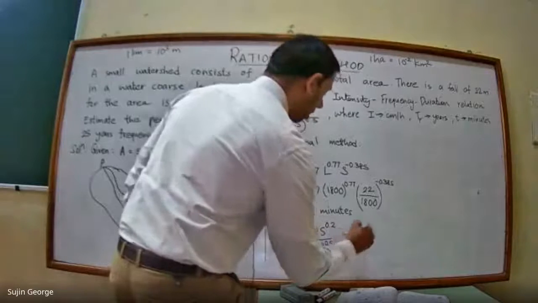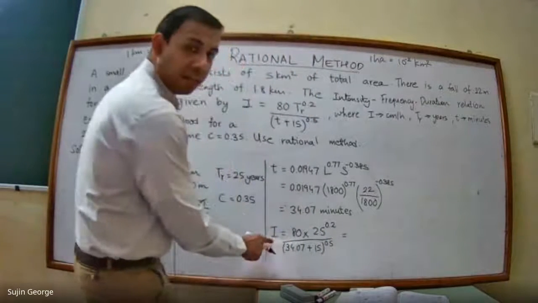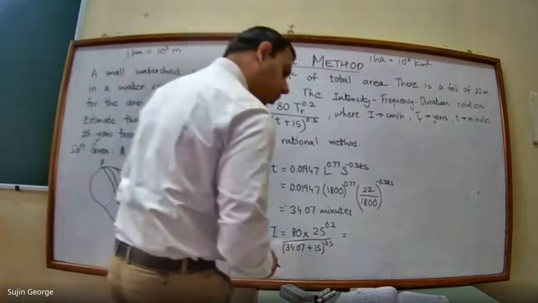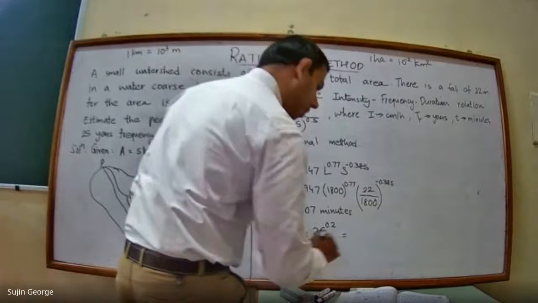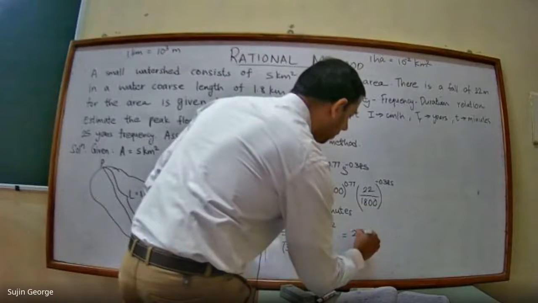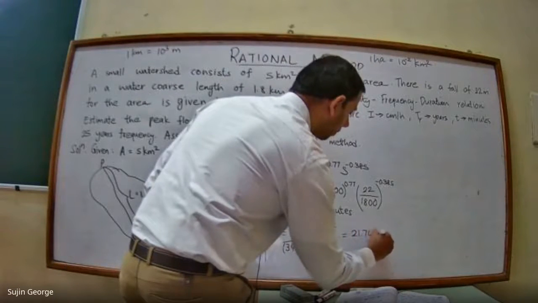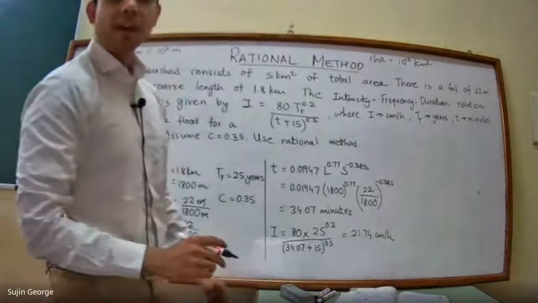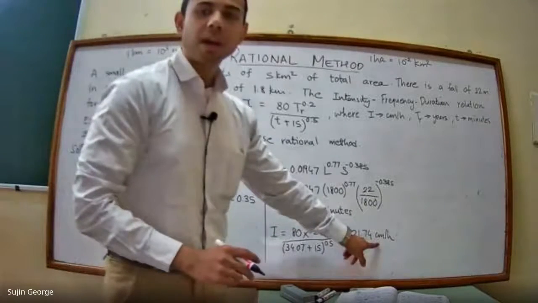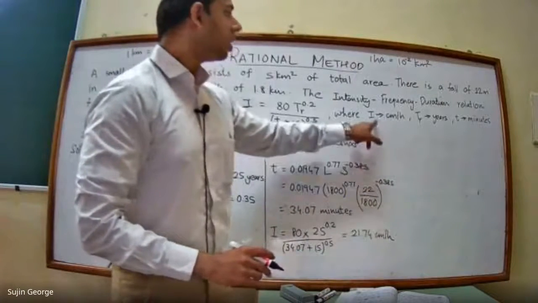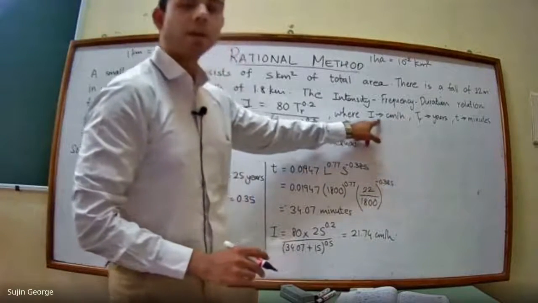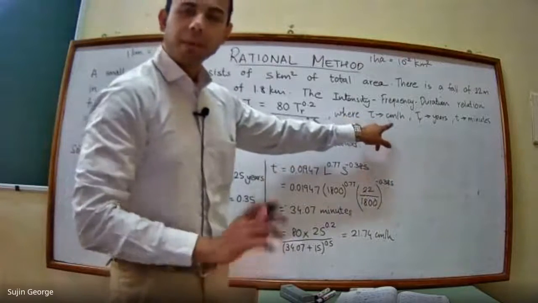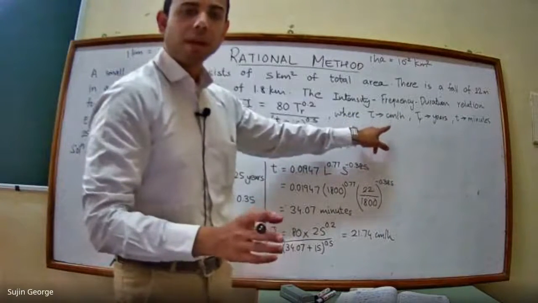So this I, that is the rainfall intensity, comes out to 21.74 centimeter per hour. Now why have I taken this in centimeter per hour? Because here I is in centimeter per hour. In the previous problem it was in millimeter per hour.